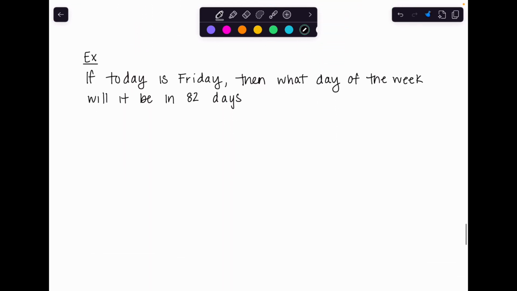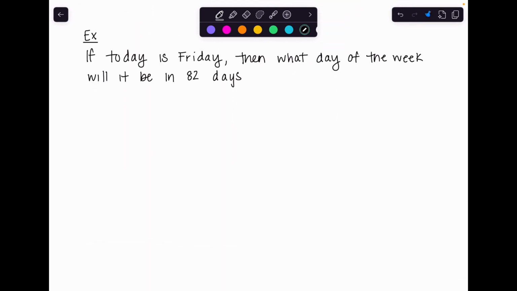So if today is Friday, we want to figure out what day of the week it will be in 82 days. So writing our calendar days out, just using a letter, we've got Sunday, Monday, Tuesday, Wednesday, Thursday, I'm going to use an R to distinguish, Friday, and then Saturday. So ultimately I have 7 days in a week.